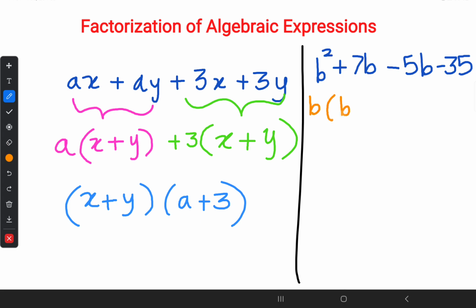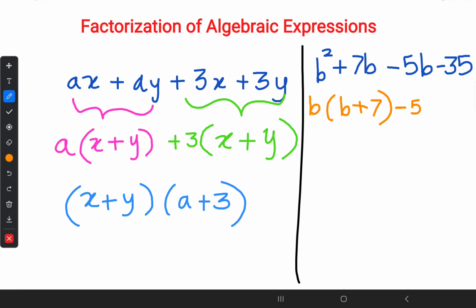Thereafter, b divided by b is b, and 7b divided by b is 7. Then in these two, look at the direction. This is negative 5b and this is negative 35. Both are negative, so you can select negative 5 as a common factor.